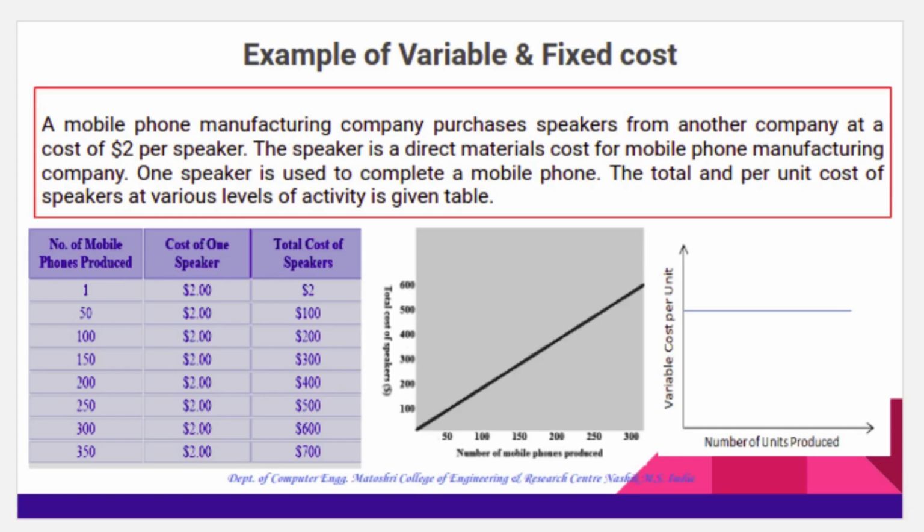Suppose $5,000 per month is to be paid, then $5,000 is paid every month, even if no mobile phone is produced during that month. We can put rent on the y-axis and number of mobile phones produced on the x-axis. So this is the example of variable and fixed cost.